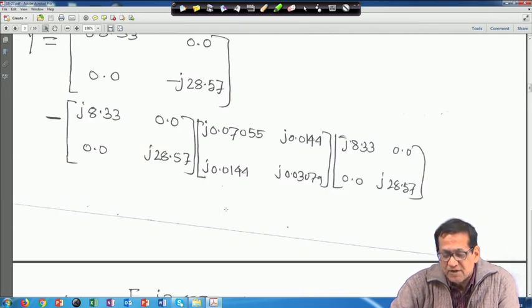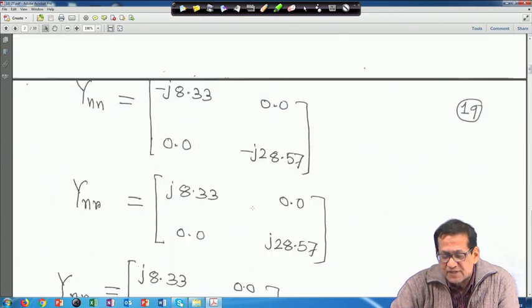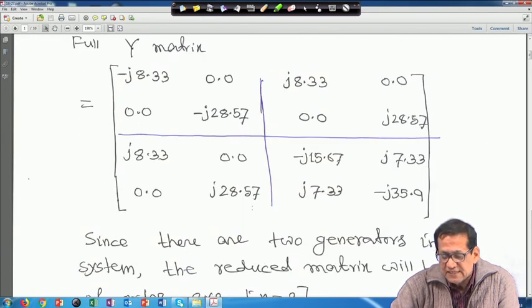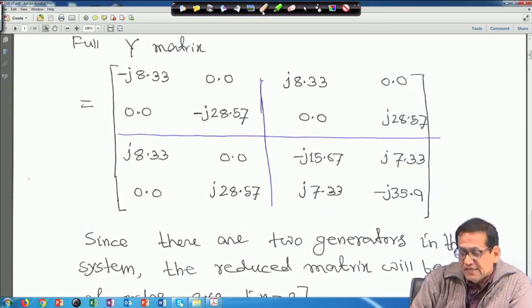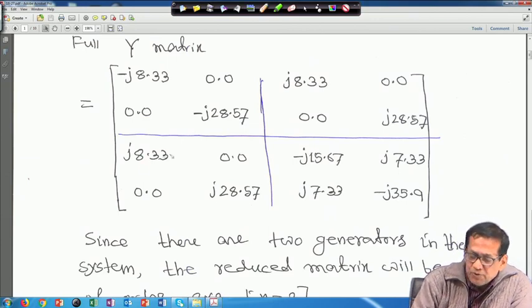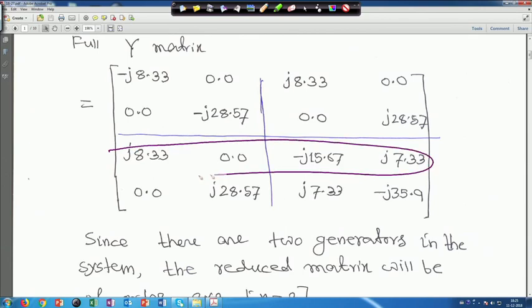That means, from this matrix, a fault has occurred at bus 3, so this third row and this third column should not be there.